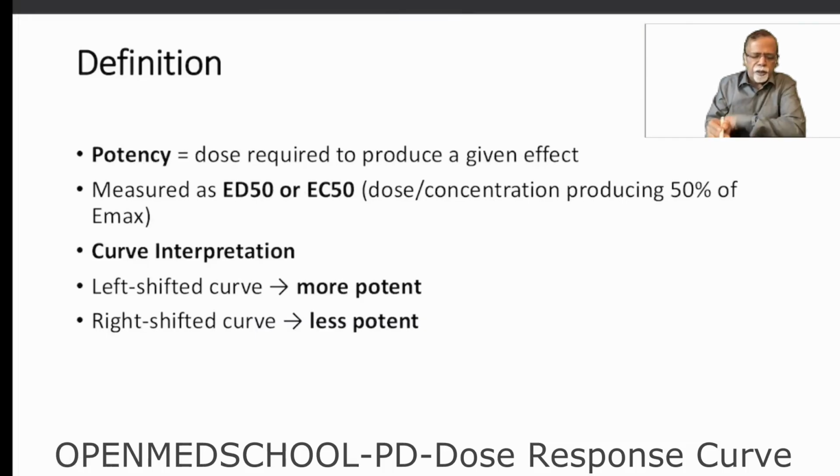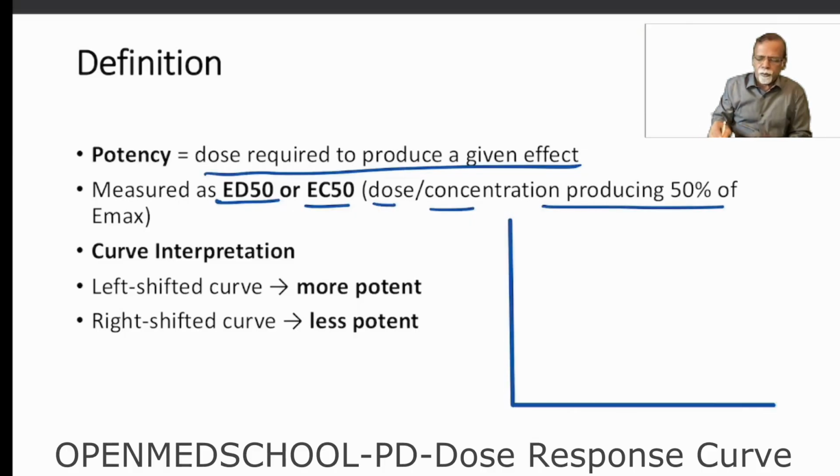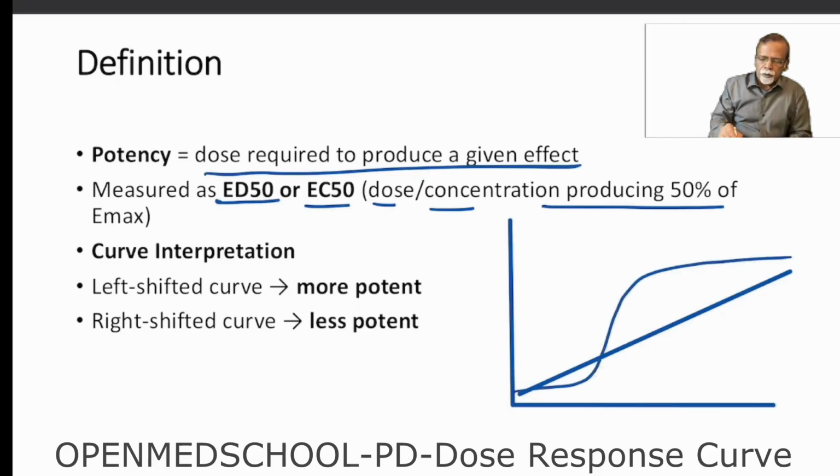So what is potency? Potency is the dose required to produce a given effect, measured as ED50 or EC50. D stands for dose, C for concentration, producing 50% of the Emax. So this is the Emax.